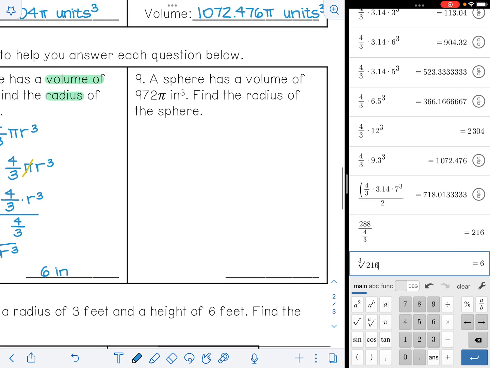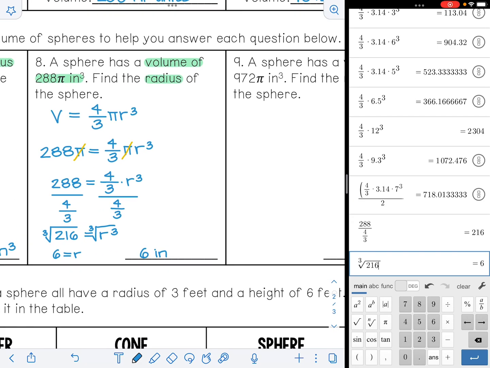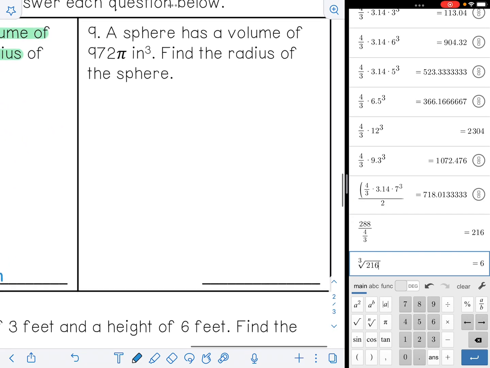Okay, and then number 9 is essentially the same problem, just a different volume to start. So if I have a sphere, I know I'm using the formula 4/3 pi r cubed if it's a volume problem. Our volume in this problem is 972 pi inches cubed, and we want the radius.